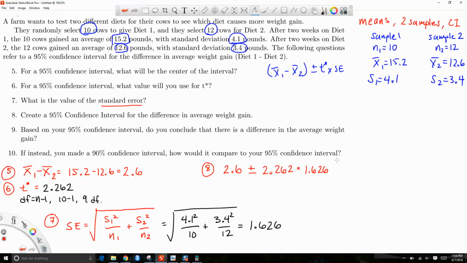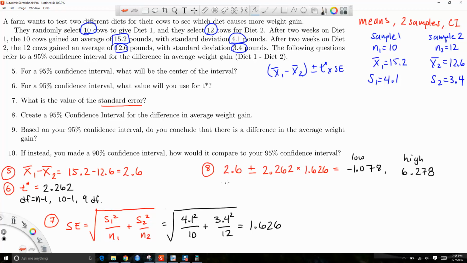Okay, and when I do that on my low end, I get negative 1.078, and on the high end, I get 6.278. And so that's what I'm getting when I punch all of this in. So far, so good?